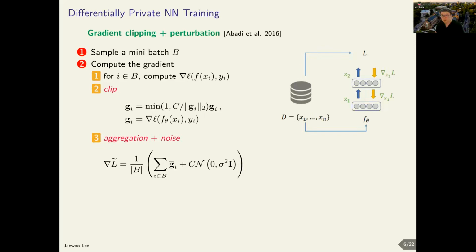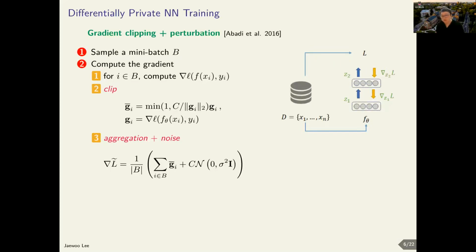Once the per example gradients are calculated, then we inspect the norm of each gradient. If the norm is greater than the predefined clipping threshold C, then we clip the magnitude of the gradient. If the norm is smaller than C, then we use it as it is.